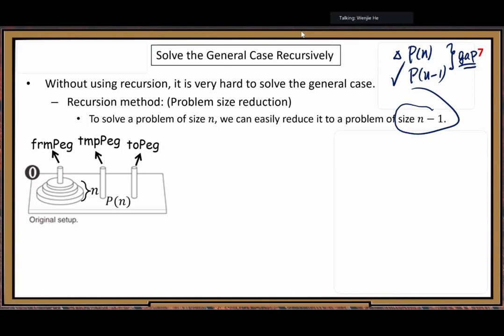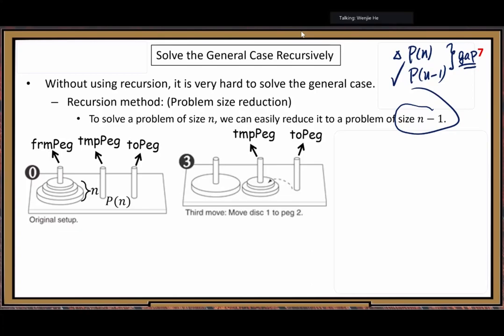Now, when we do the work for P of n minus 1, we need to solve P of n minus 1 first.